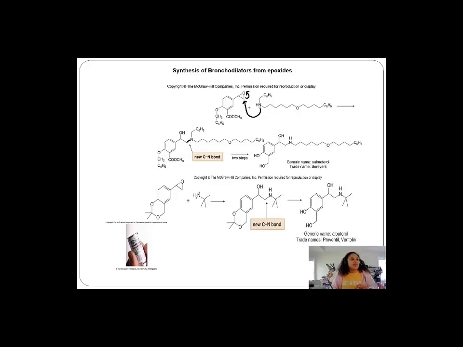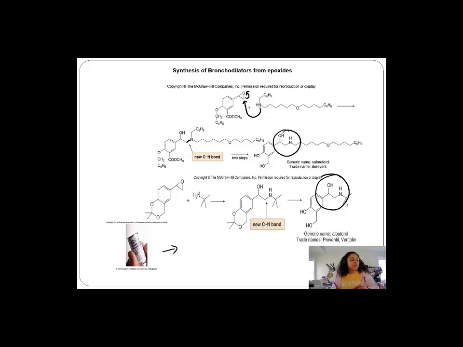With a few more steps, notice that in this drug, this is the molecule that you have here. You have this oxygen next to that nitrogen. This is very common in some of these drugs. Epoxide ring opening is actually very common in drugs in general.